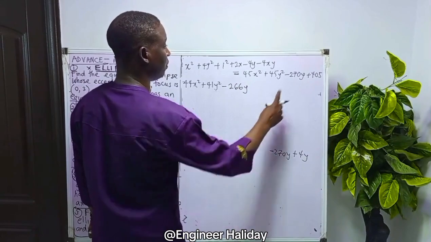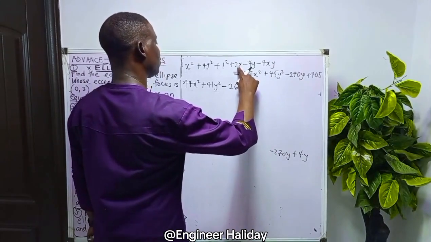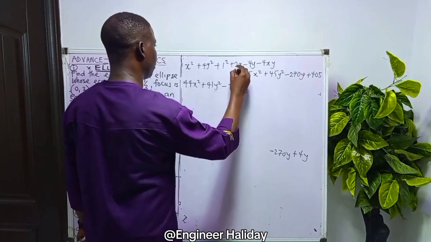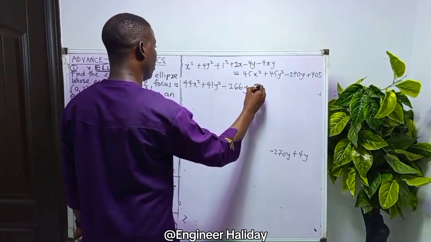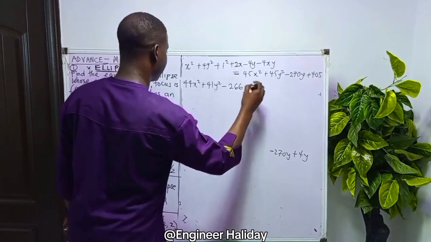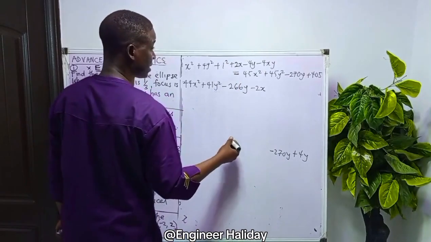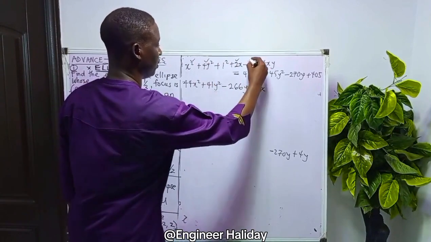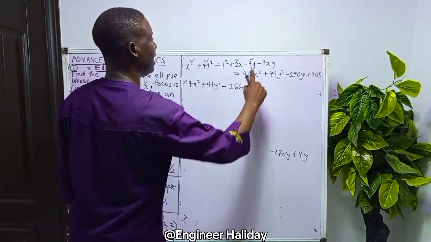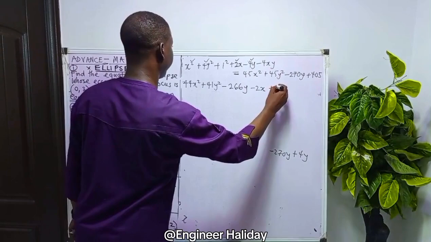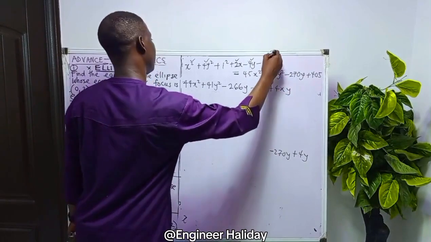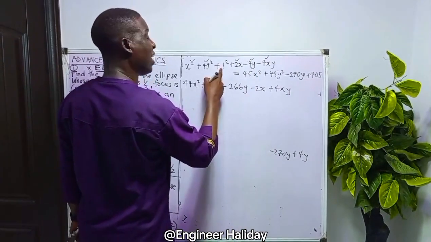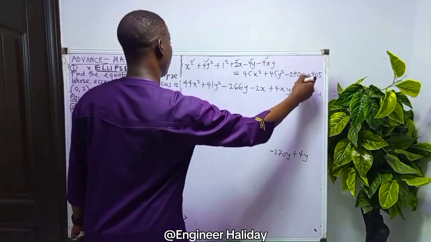Then what will you have now? This one will go there, become minus 2s plus 2s, become minus 2s. Then again we have taken this. Let's take this one to the other side, it becomes plus 4sy. Then the last number is 1 square, which is 1. Remove it from 405.